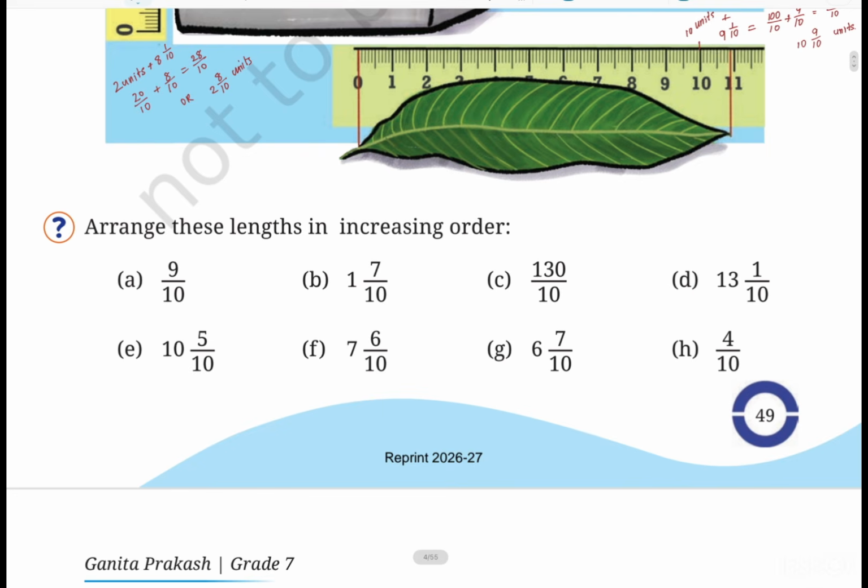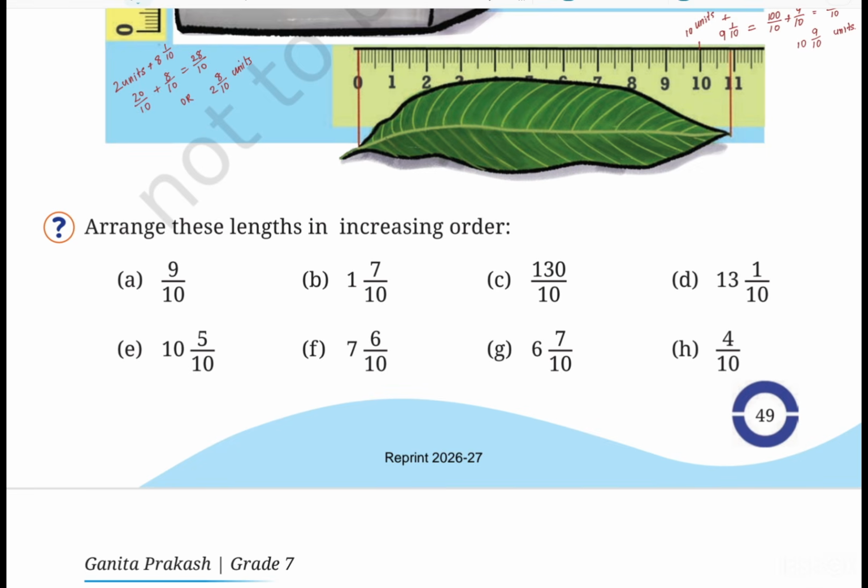Here is a question: arrange these lengths in increasing order. For this we can write all the numbers in one form, like 4 by 10. So the denominator will be 10 and we find the numerator. 9 by 10 is already in the form, the denominator is 10.